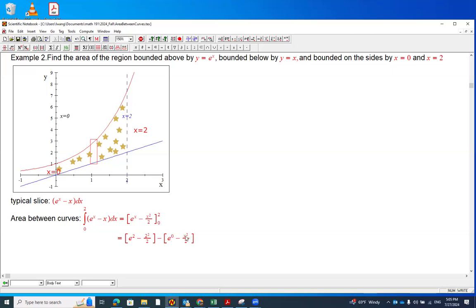Okay, and we're almost done. e squared minus e squared minus 2, subtracting, this part is 0, so subtracting another 1. In the end, we got e squared minus 3. Finished.